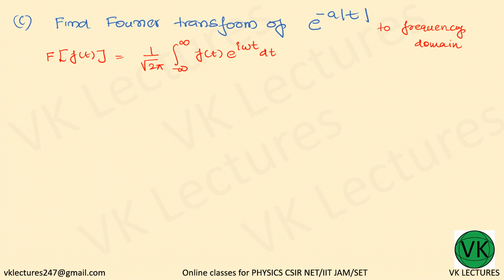Now since f of t is e to the power minus a mod t, we will have two values of the function: from minus infinity to 0 as well as from 0 to infinity. So just separating it, 1 divided by root of 2 pi.